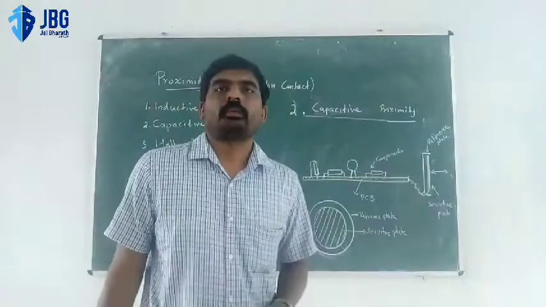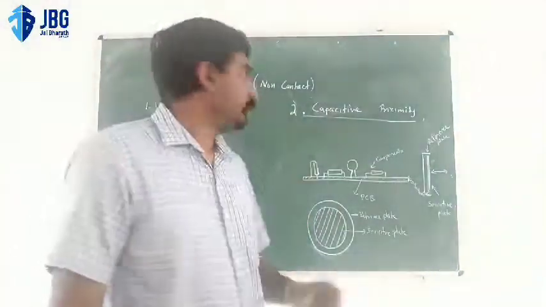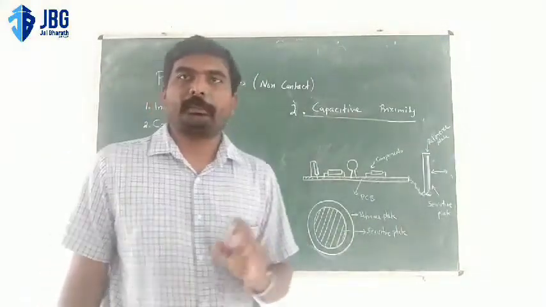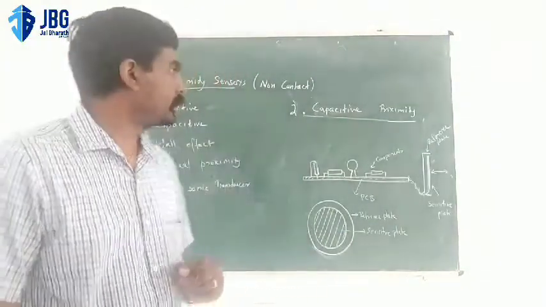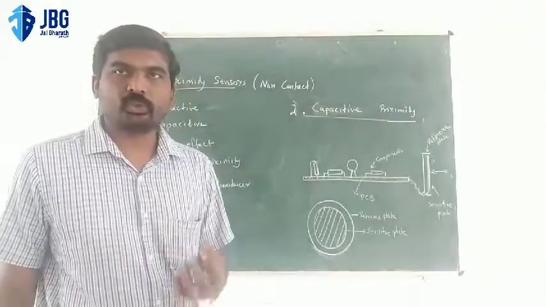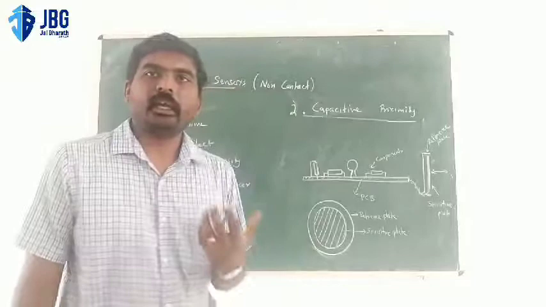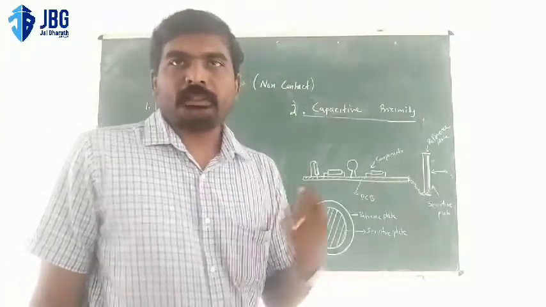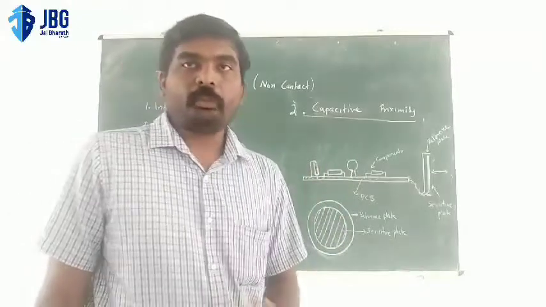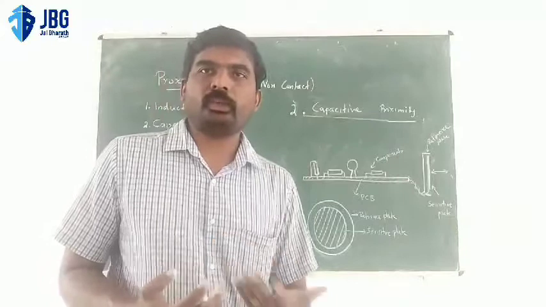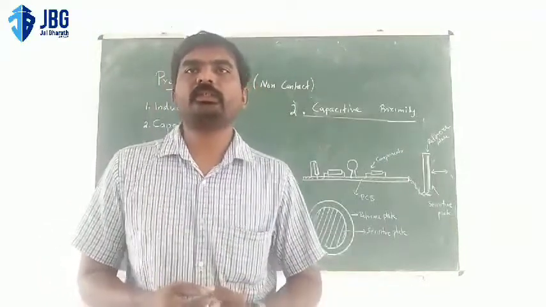Now we have the second type of proximity sensor, the capacitive proximity sensor, in which a capacitor is utilized to detect the presence and absence of an object. In the previous class, we saw the inductive proximity sensor, in which induction technology is utilized.